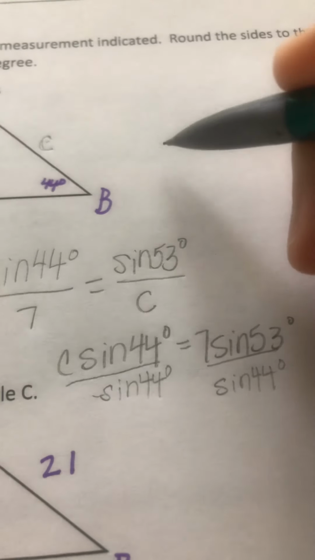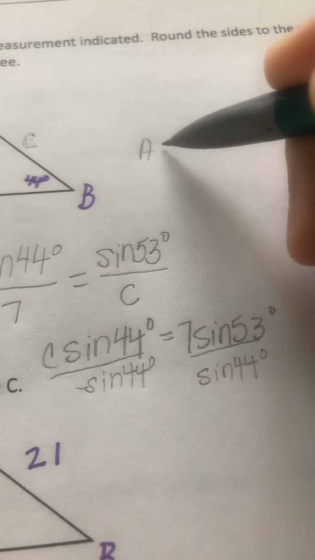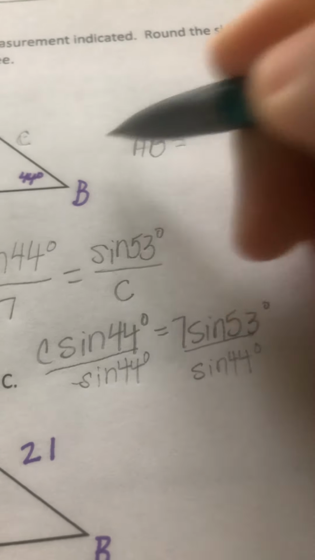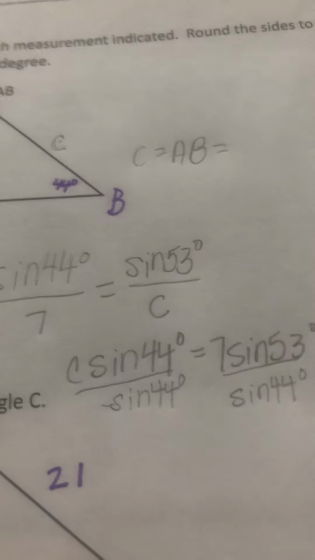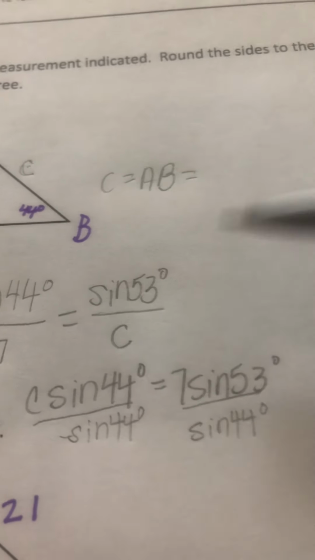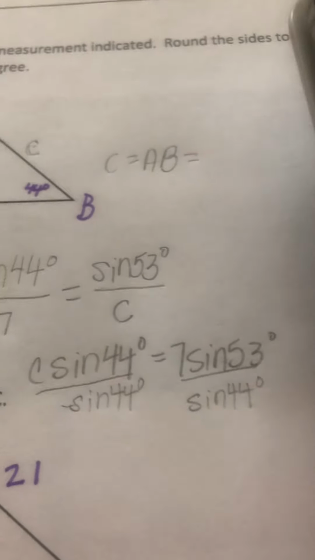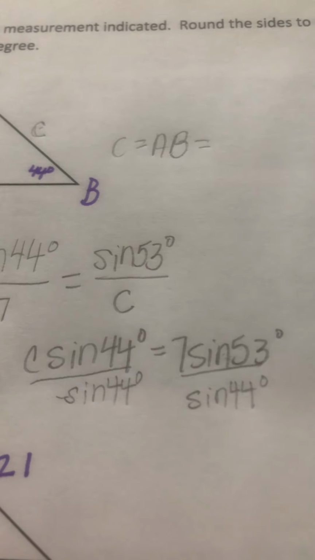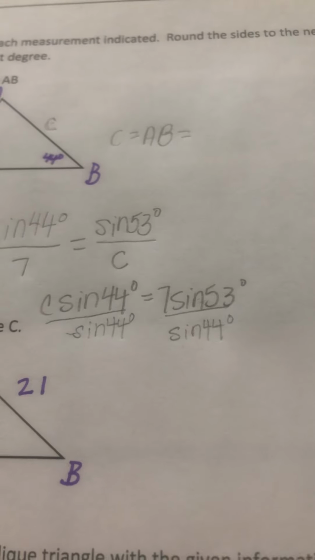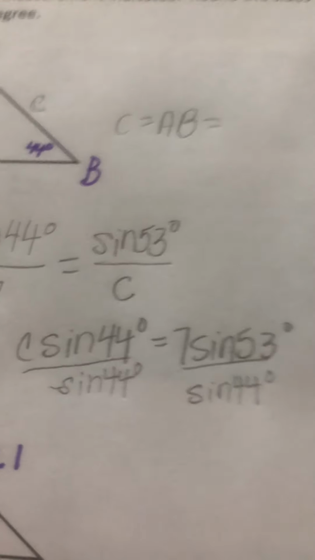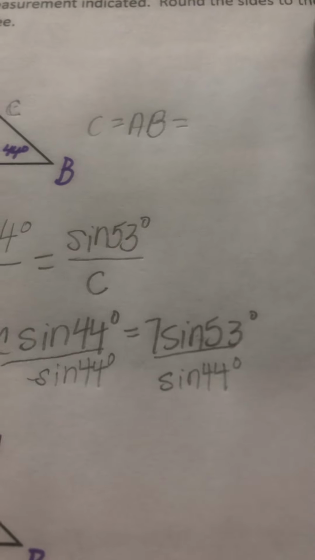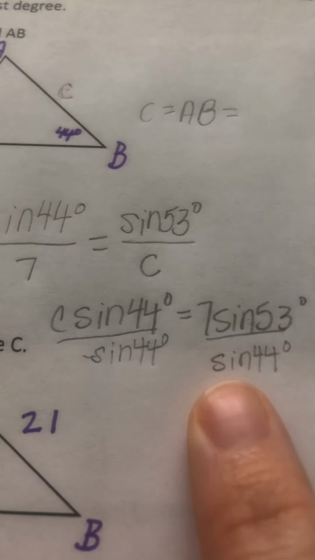Okay, so let's go to the calculator. Big thing, make sure your calculator's in degree mode. I would use the stackable fraction here for sure. So we're going to type that in.